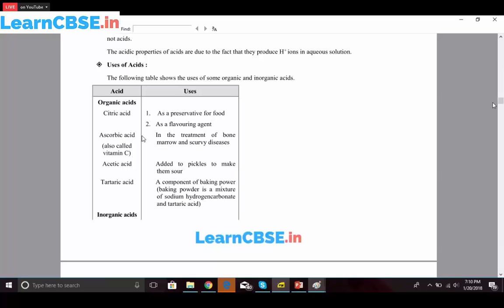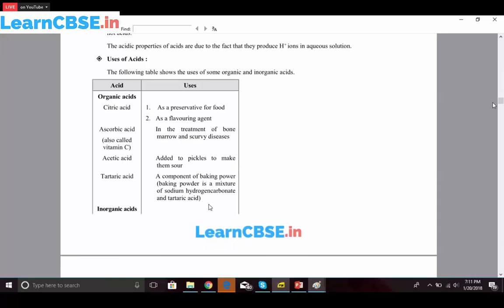Ascorbic acid, also called vitamin C, is used in the treatment of bone marrow problems and scurvy. Next is acetic acid, added to pickles to make them sour. Tartaric acid is a component of baking powder, which is a mixture of sodium hydrogen carbonate and tartaric acid.